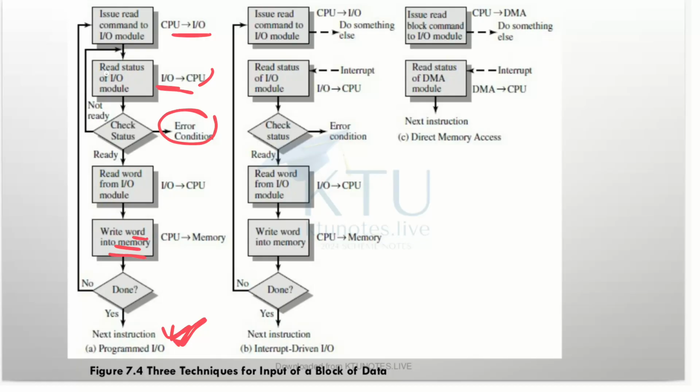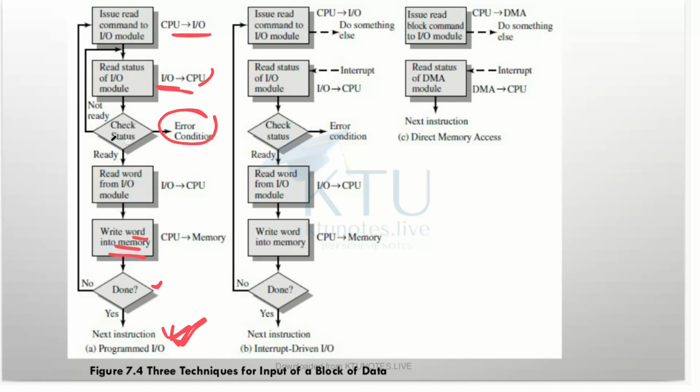That status goes from IO to CPU. If it is ready, only then the CPU reads that word from the IO module, and then the CPU can write the word to the memory. Then we see if it is done or not.